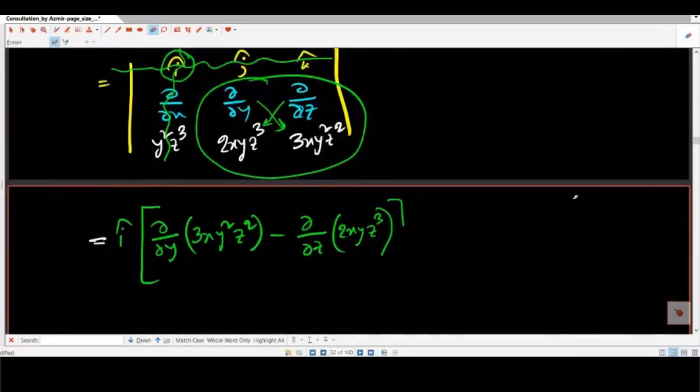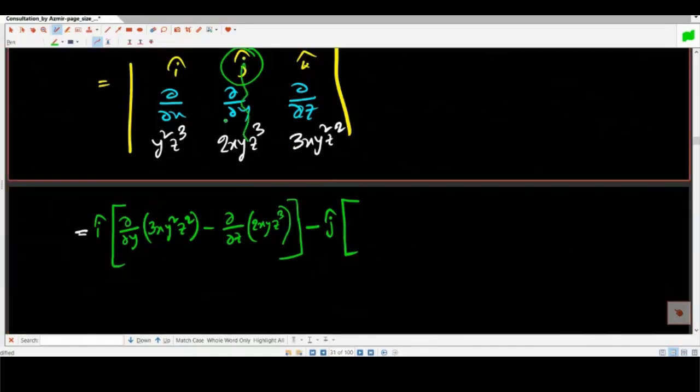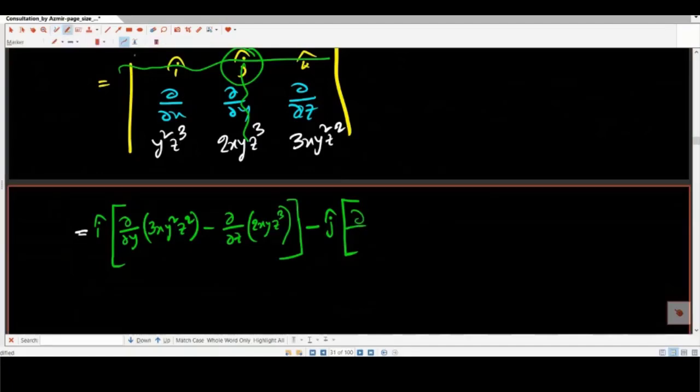So the first part is done. Let's do for j. So there will be a minus. Whenever we are working with j, this column and this row will not be considered.